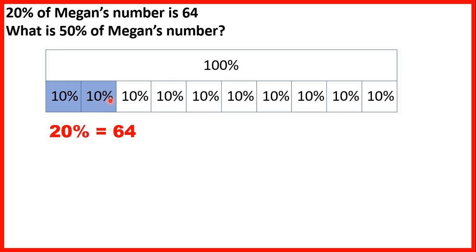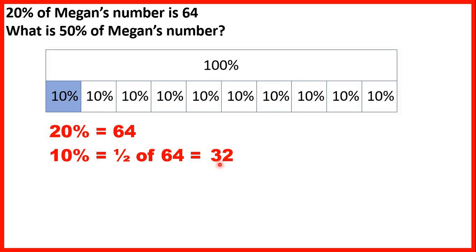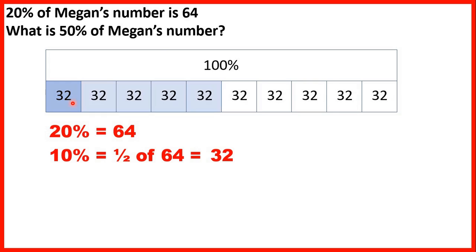So 20% is 64, which means that we can find 10% by finding half of 64, or dividing 64 by 2, and that gives us 32. So if 20% is 64, that means 10% is 32, but we want to find 50%, and that's the same as 5 10%.